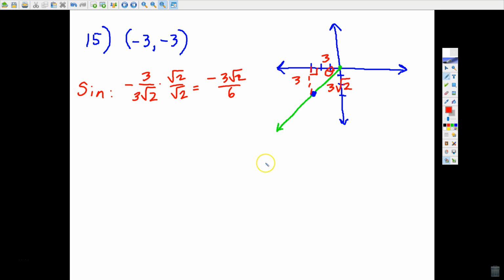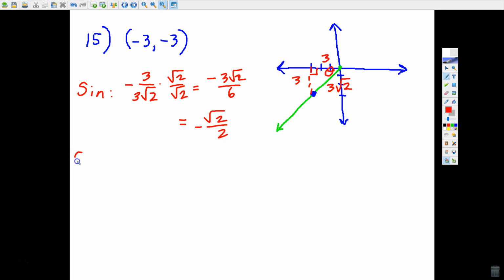Do you not multiply the 3 in front of the square root of 2? In this case, we are multiplying them, but you can't just combine them into one term. So it would be the square root of 2 over 2, and it would be negative.